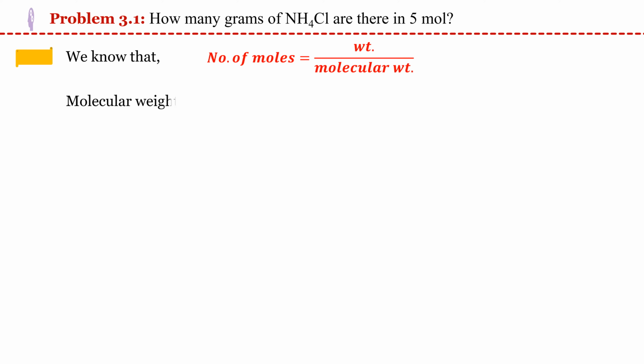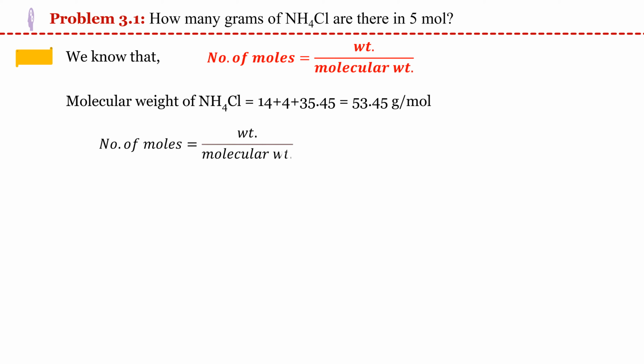Now we can write the molecular weight of NH4Cl, and it will come out as 53.45 gram per mole. Now we can easily estimate the weight in grams. The number of moles is equal to 5 and the molecular weight is given, so we can easily estimate the weight. So the weight will become 267.25 gram.